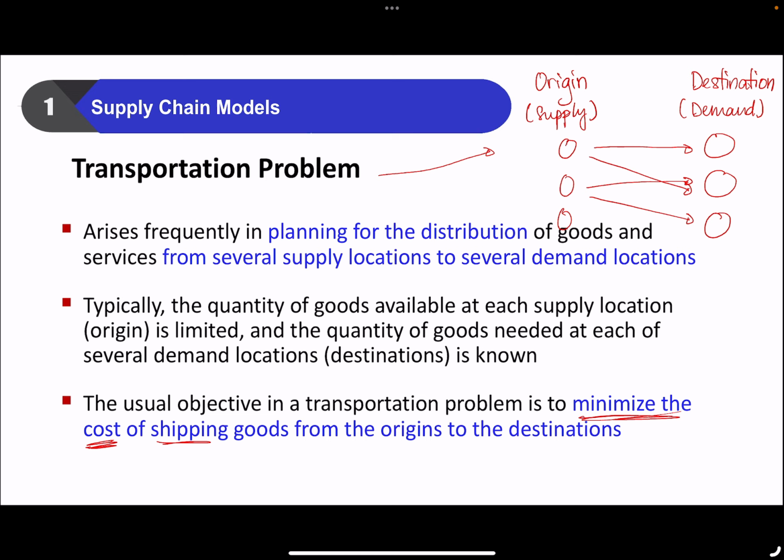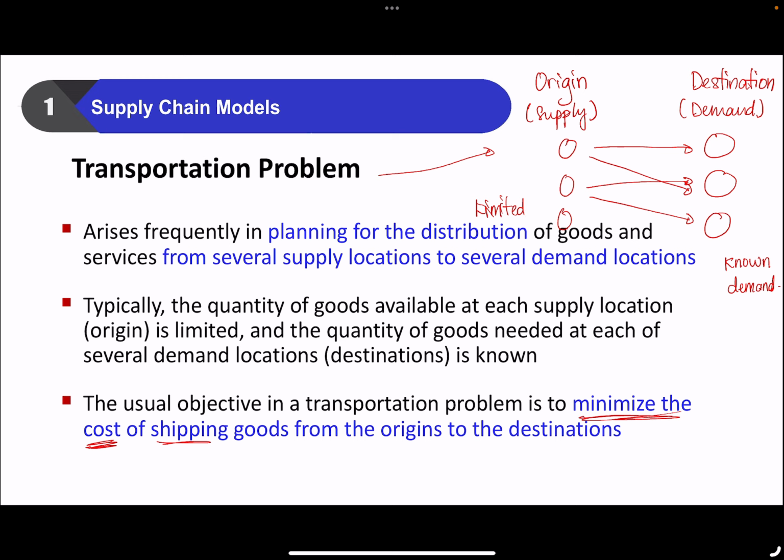In the transportation problem, the demand at each destination is known. So the units needed here are known, and the supply here is usually limited.